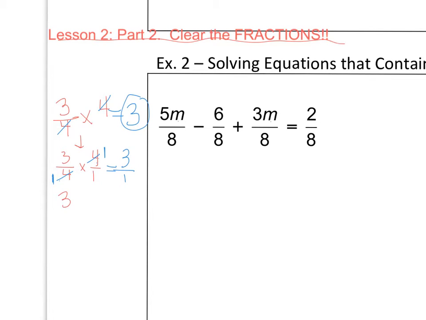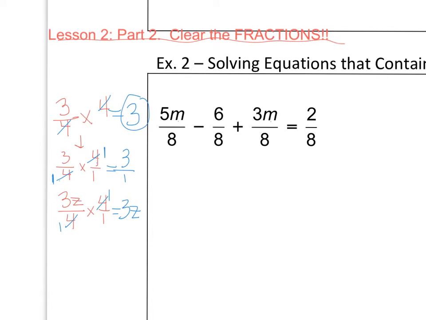If this was 3z over 4 times 4, the process would all work exactly the same. The 4 is improper, therefore the 4's will cross-simplify, cross-divide out to be 1's, and our only thing left is our numerator. Okay, so that is multiplying fractions at its finest.